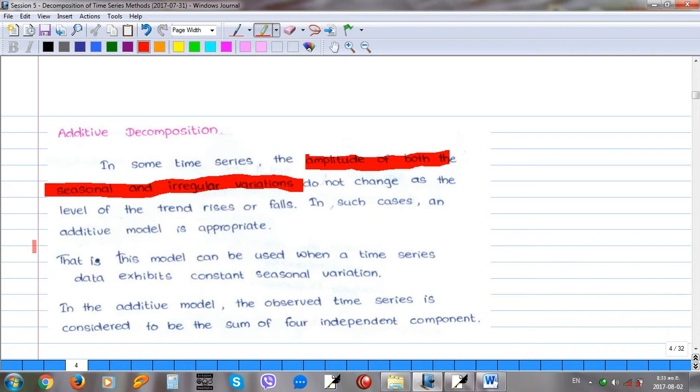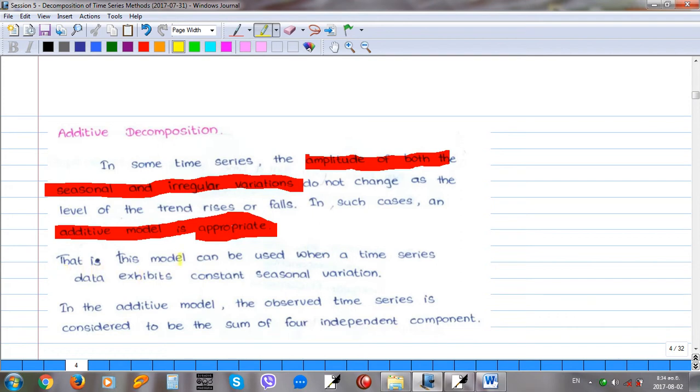In these cases an additive model is appropriate. So if you can see a time series in which the amplitude of both seasonal and irregular variance do not change, then we can use the additive model, right?